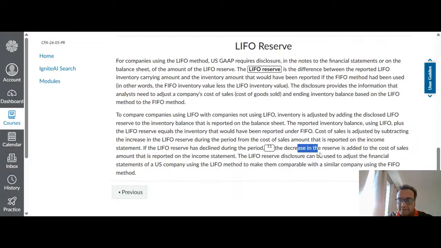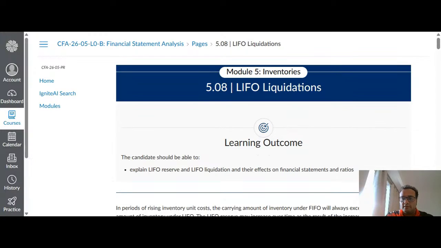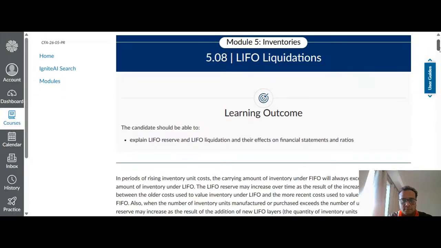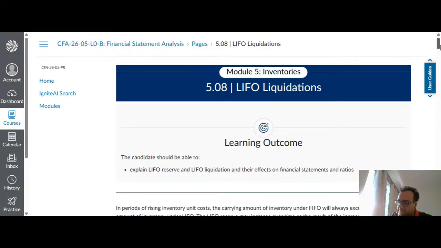The decrease in the reserve will be added to the cost of sales. Perfect. And that was LIFO reserve.